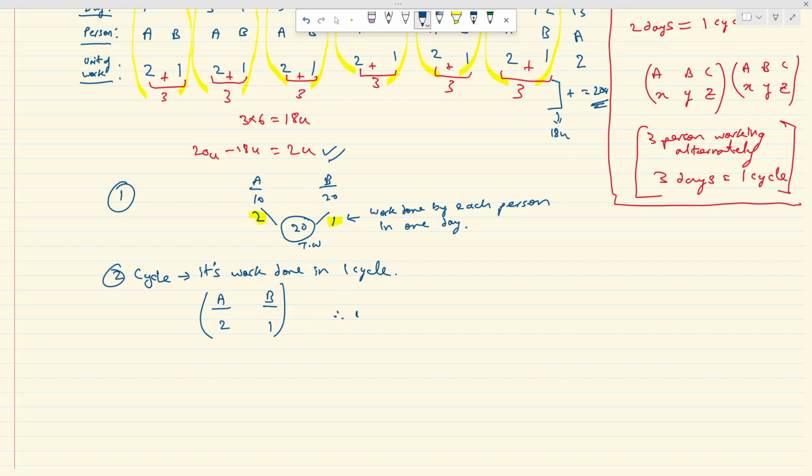So therefore work done in one cycle is equal to 2 plus 1, that is 3 units, right? This is our second step, work done in one cycle.